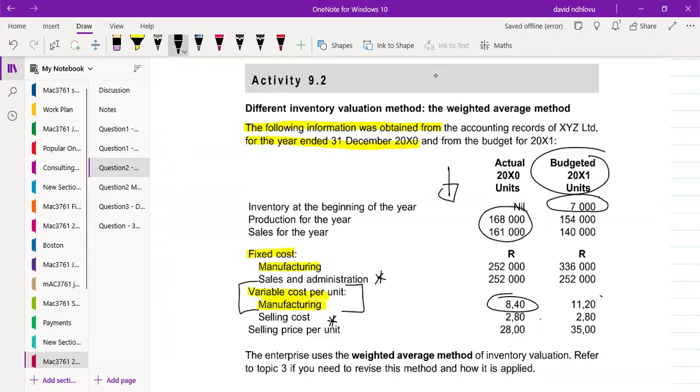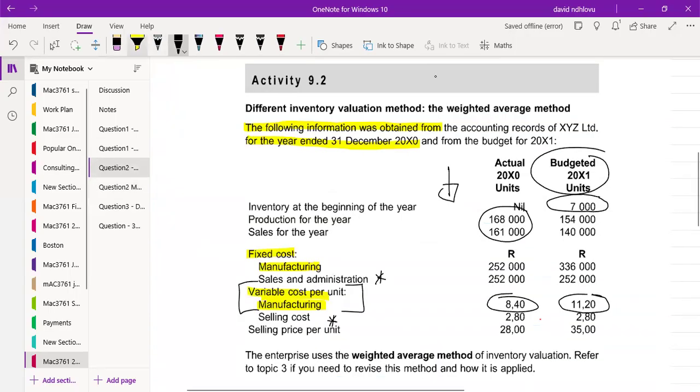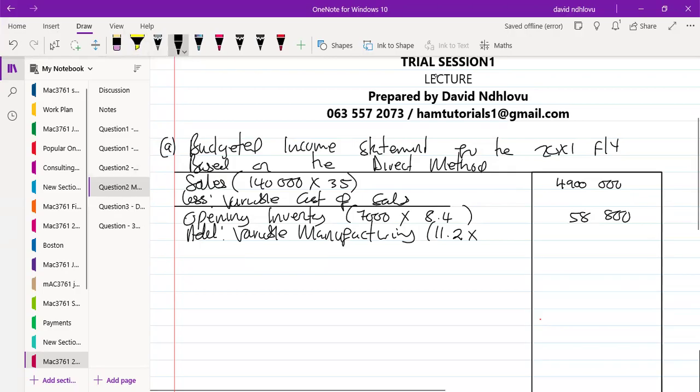Now per each unit produced in the current year, the variable element is 11.2. Then we ask how many units were produced in the current year. So we go back to the question, and our production for the year was 154,000. So here we multiply by 154.